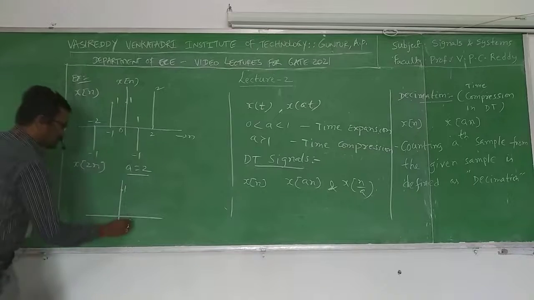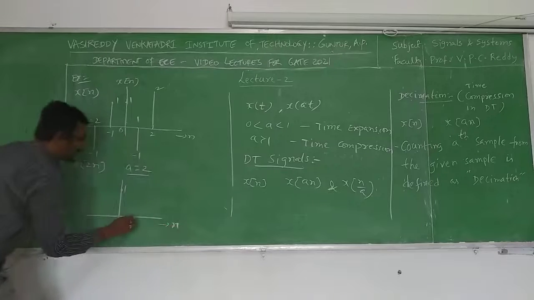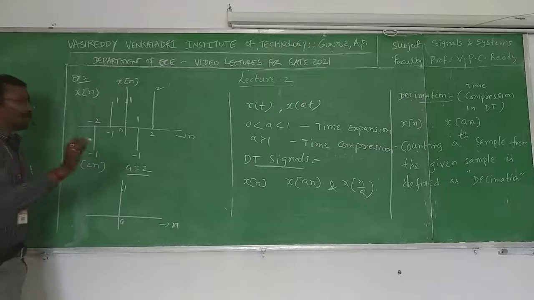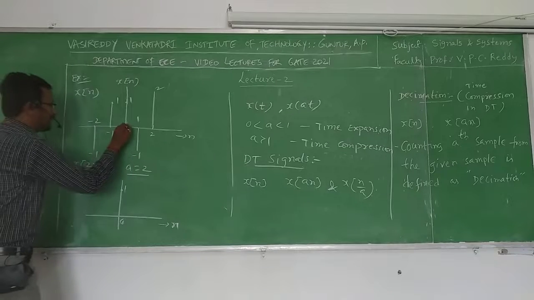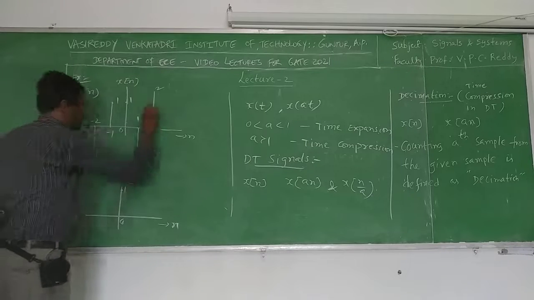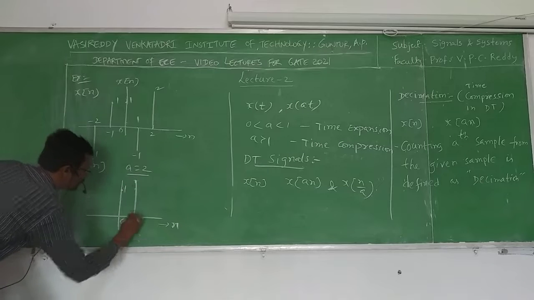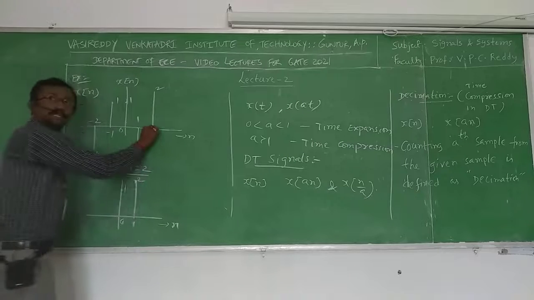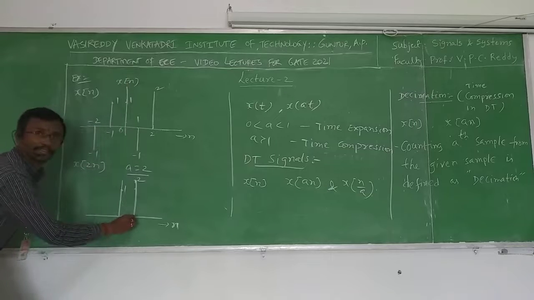Now I am looking for the magnitude at n equal to 1. For that, I have to count the second sample from the given sample. Start here, 0, 1, 2. What is the second sample here? 2.